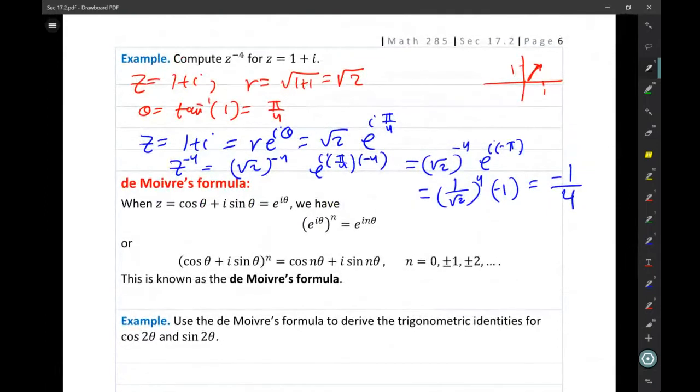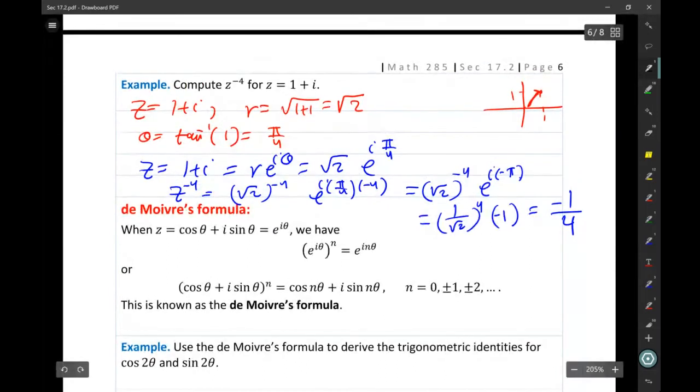We are still in section 17.2, the complex numbers. The last thing where we stopped last time was De Moivre's formula for finding the power.